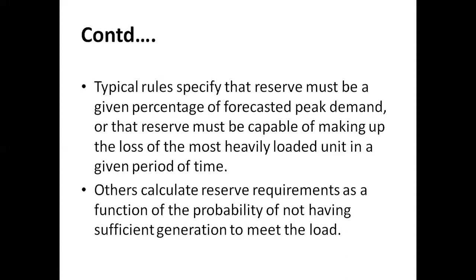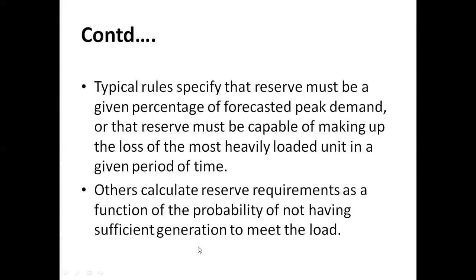If I keep in mind the percentage of forecasted peak demand, we can easily counter the loss of a heavily loaded unit for a given period of time. Others calculate the reserve requirements as a function of the probability of not having sufficient generation to meet the load.